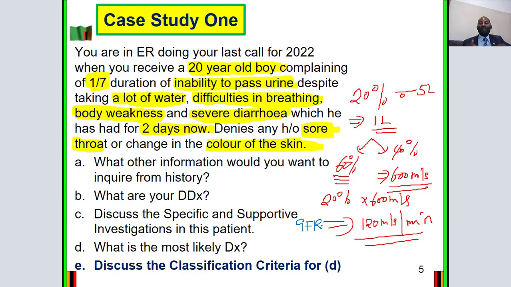These are what we call differential diagnosis. And in the exam, for example in IMED, you're supposed to list them, at least, if you cannot manage to put them in the order in which they are supposed to appear.